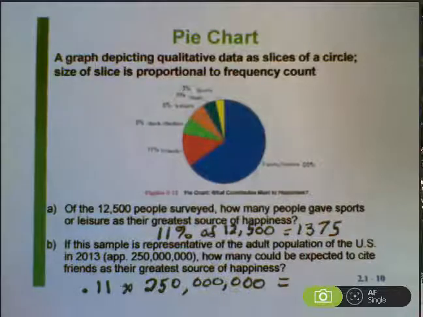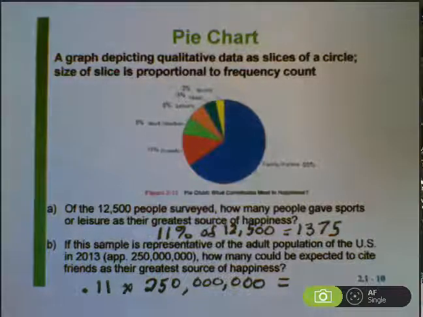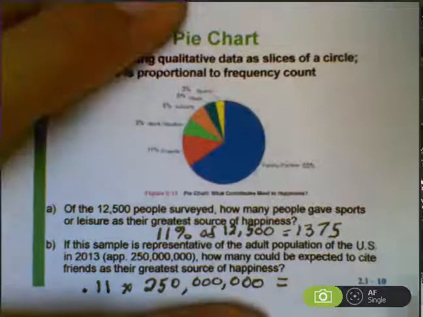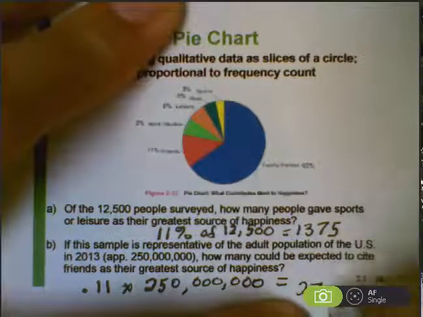Actually, I think my calculator battery's about to die. 0.11 times 250 million gives me 27,500. That's a much more reasonable answer.